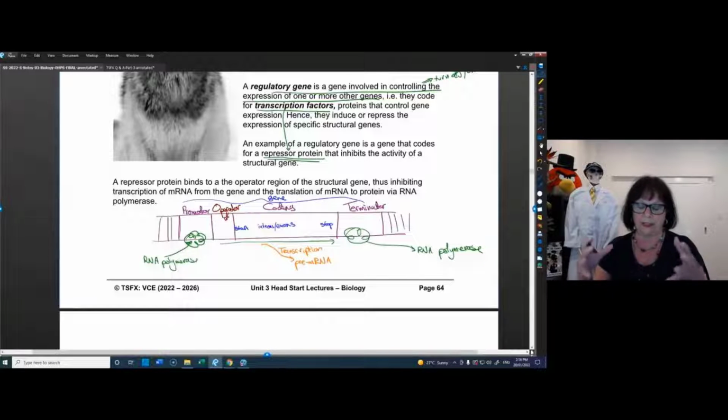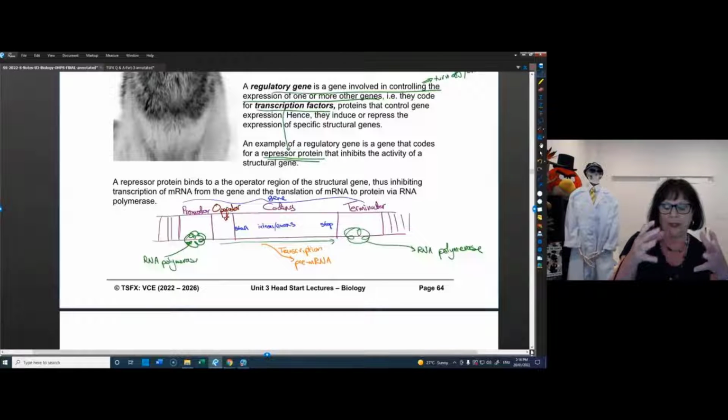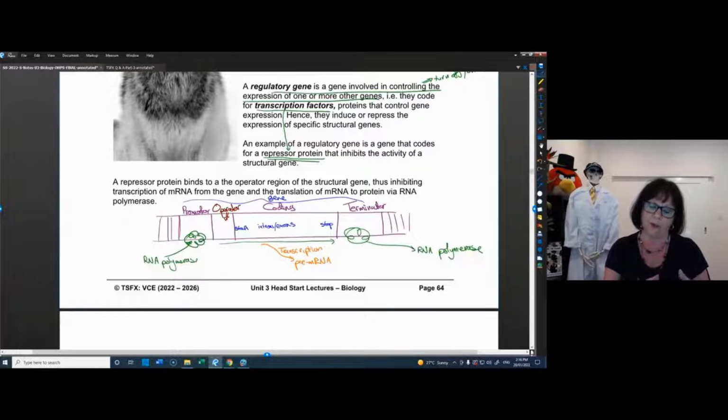And in bacteria, each gene or set of genes has an operator in front. In eukaryotic cells, they're not sure if each gene has its own operator region or how it works. It's much more complex, but they have studied bacterial genes.